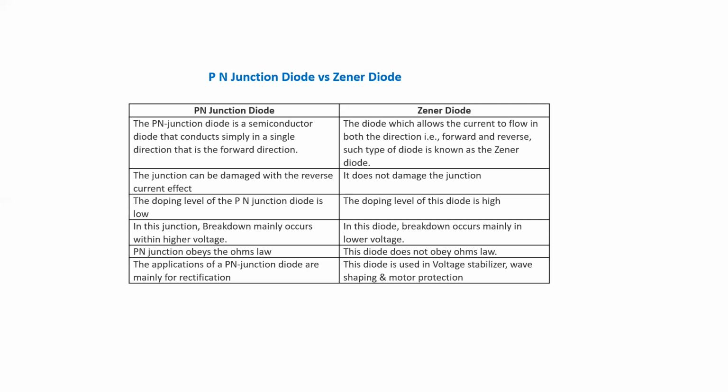And the last point: we mainly use the PN junction diode for rectification, whereas the Zener diode is used as a voltage stabilizer, a wave shaping circuit, for protection, and basically in regulator circuits. So this is the information related to our Zener diode, in which we learned the symbol, characteristics, working principle, and its operations.